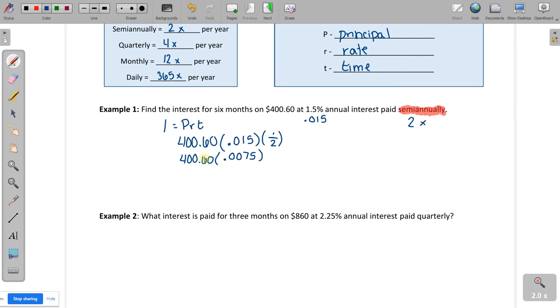And when we do that, we get 3.0045. But we are talking about money. So, money, we have our tens and our ones. So we need to round. So when we're rounding, we are going to drop off because the digit behind is not high enough to raise. So we earn $3 in 6 months.